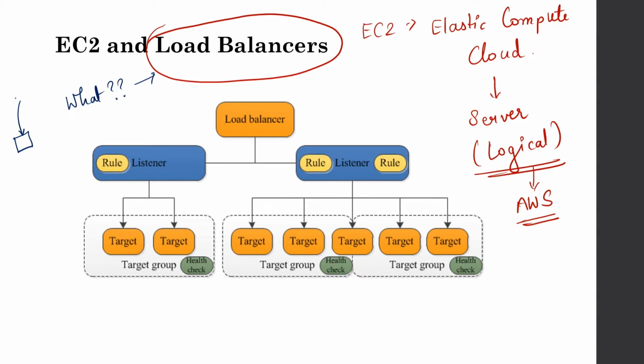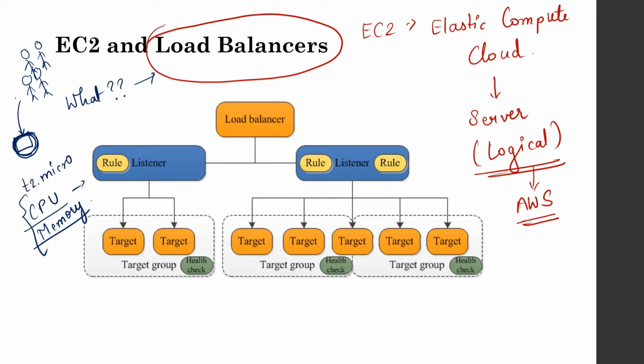Now, what happens is if your application goes viral, or anything that you have used your server for, it is going crazy. Like the number of people accessing this application got increased suddenly. Now there is some capacity of your EC2 instance, like in our case of T2.micro, there is some capacity of CPU, there is some capacity of memory allocated to it. Now, beyond this particular capacity, it won't do anything.